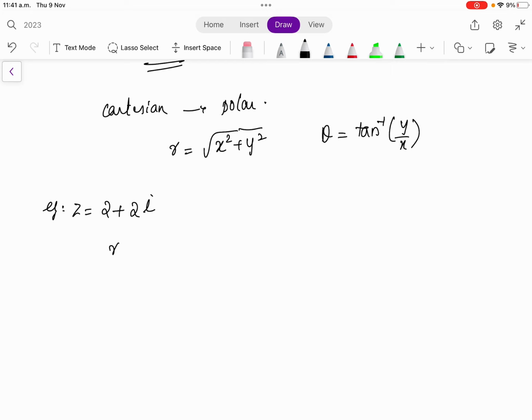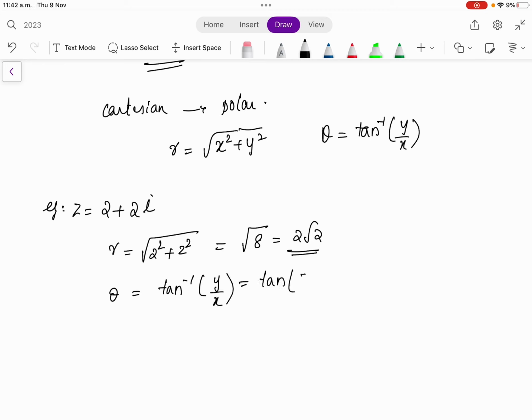First, you have to find the value of r, which is square root of 2 square plus 2 square, which is equal to square root of 8, which is equal to 2 root 2. Also the argument will be tan inverse y over x, that is nothing but tan inverse 2 over 2, which is equal to pi over 4 radians.